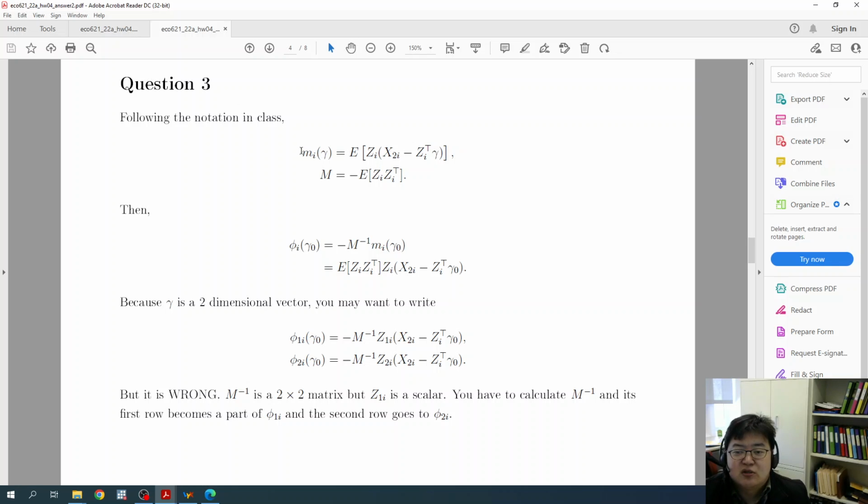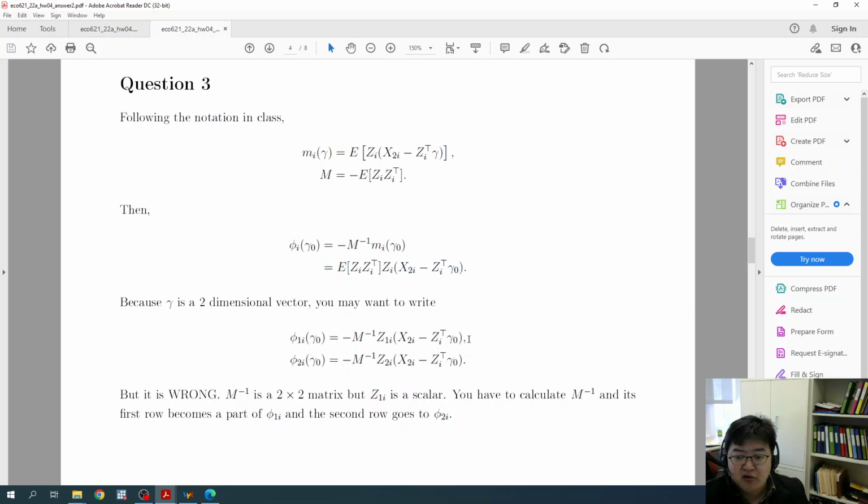So this is the moment function for the first stage, and its derivative is given by this, and then the influence function is given by this. Here, a common mistake you made is writing like this. It's a 2 by 1 vector, and it is 2 by 2, and this is 2 by 1.